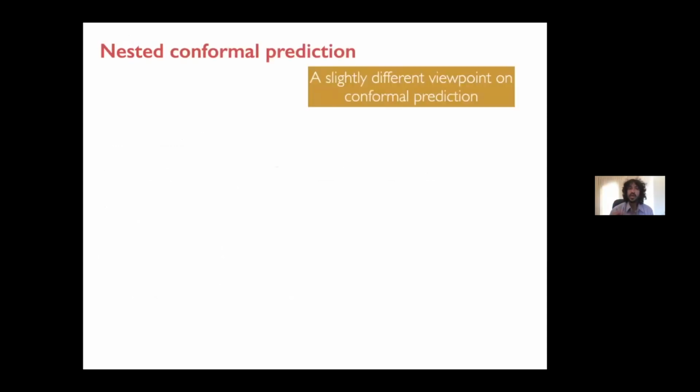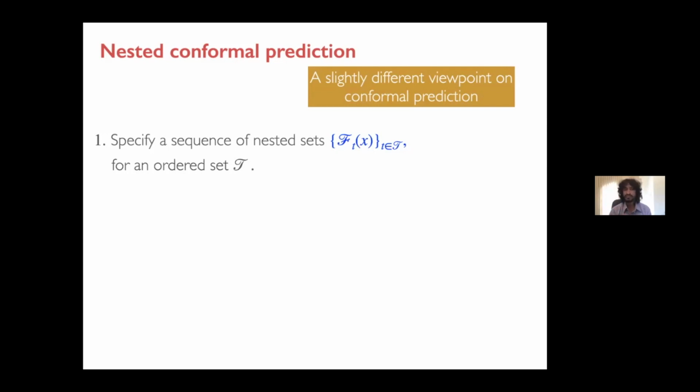And we found that one nice way to do that was using this framework of what we call nested conformal prediction. So this is a slightly different viewpoint on standard conformal prediction, a different way to go about deriving it. You first start by saying, I'm going to specify a sequence of nested sets, and I'm going to call these F_t of x.